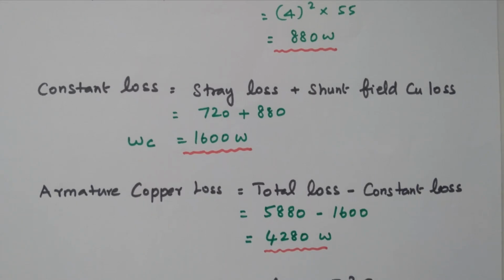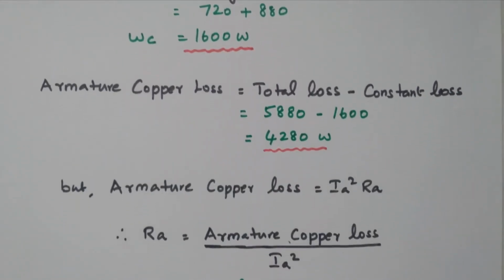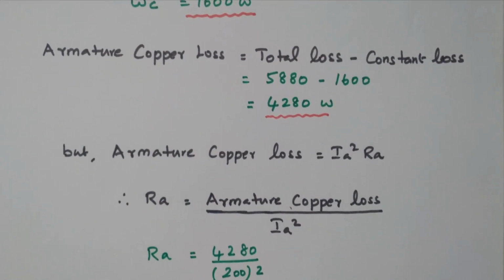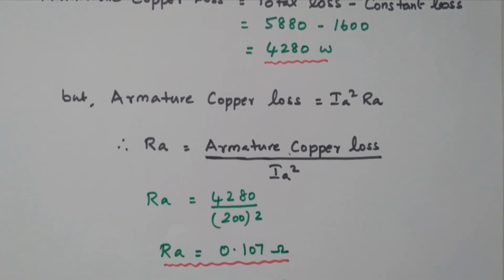Right. But for armature copper loss, one more formula is available, Ia square into Ra, so that we can calculate the armature resistance. That is one of the questions we need to find: what is the armature resistance. So Ra equals armature copper loss divided by Ia square.